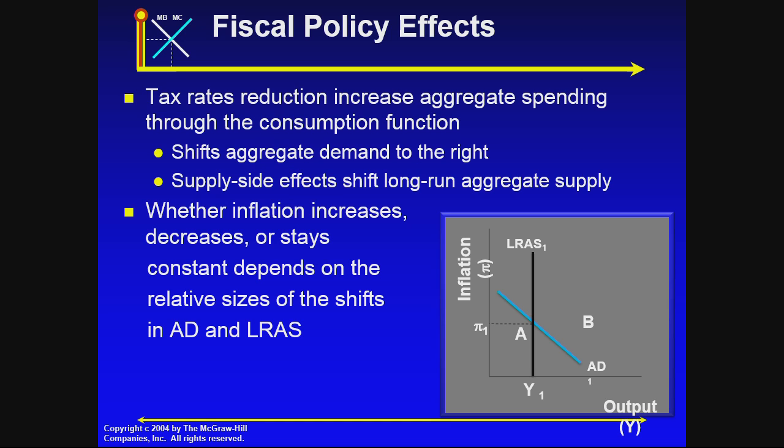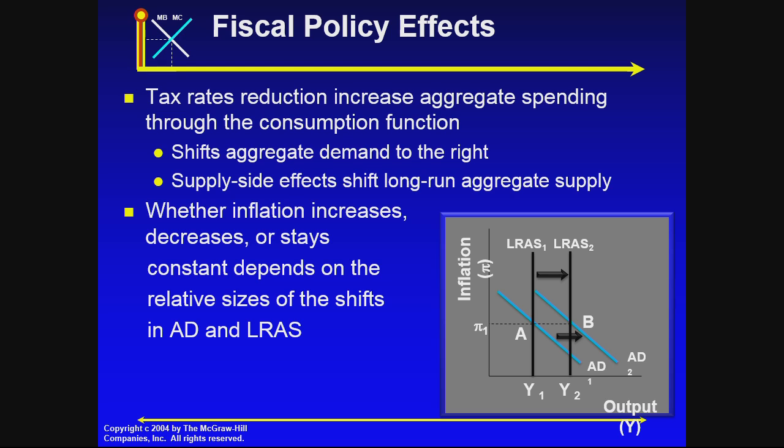So that's your beginning point. Now, remember your LRAS curve is your potential GDP. So if you increase it for whatever reason and it shifts to the right, both Y1 and Y2 are considered potential GDP.